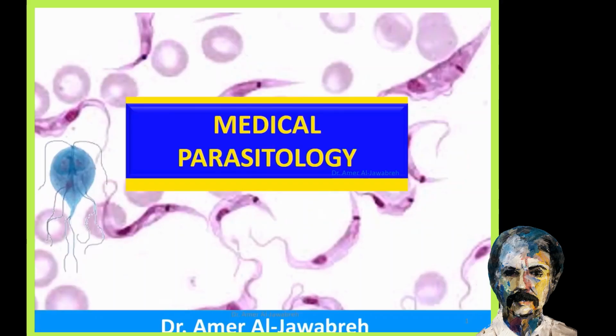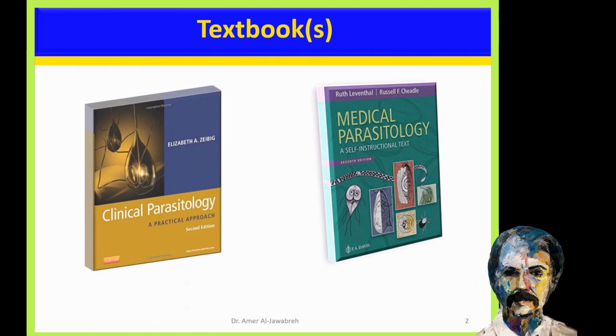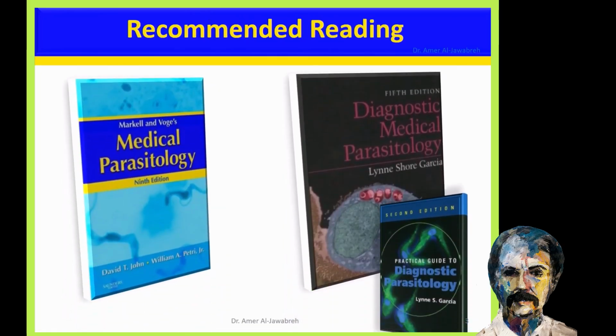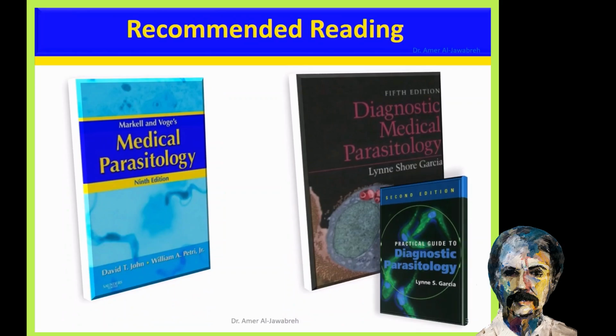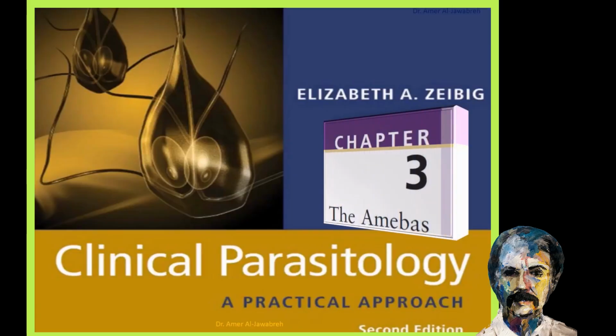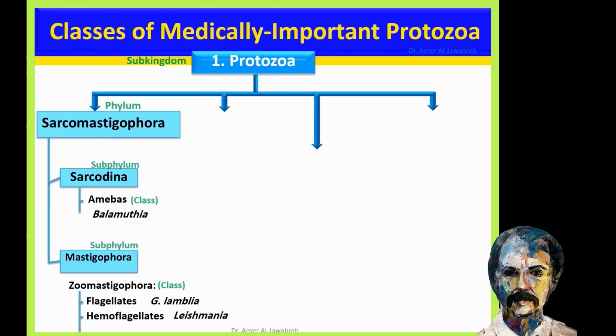Let's talk about Balamuthia. So let's continue. These are the textbooks. Let's just move. So again, this is the taxonomy flow chart.